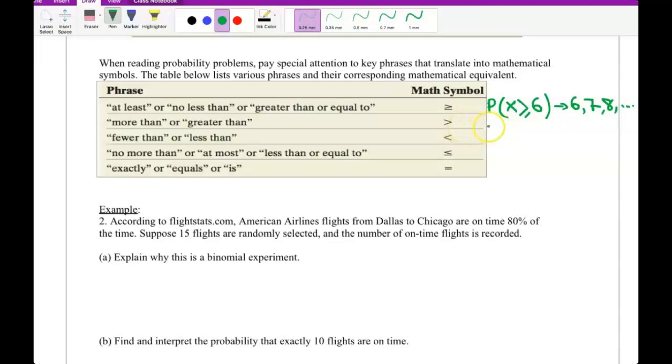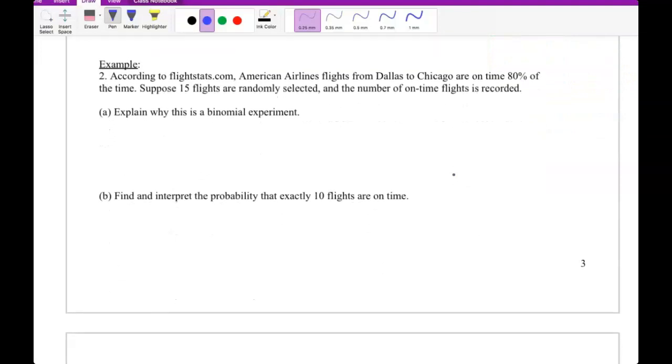And here we have "greater than," or more than. So for the probability of x greater than 6, I don't have the equal to, so I'm not going to include 6, starting with 7: 7, 8, 9. Same thing for less than and less than or equal to. Now let's work on an example.